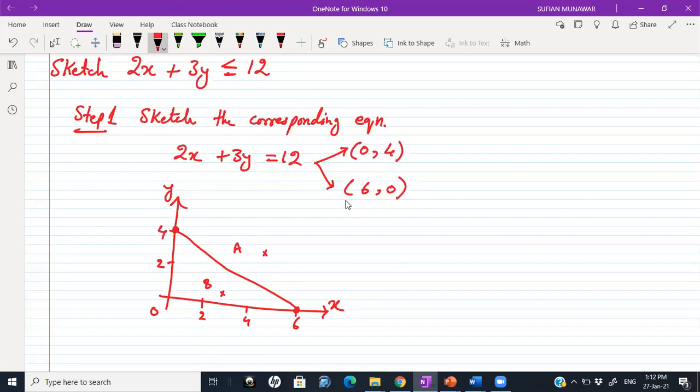Suppose I take 2, 2. This point 2, 2 is here. We consider the point 2, 2 as the test point, and now we will put this point inside the inequality.